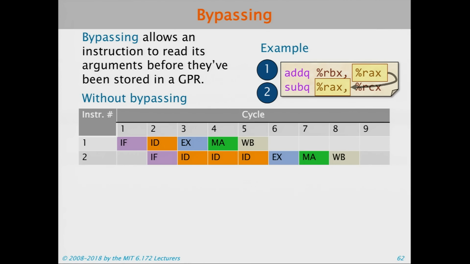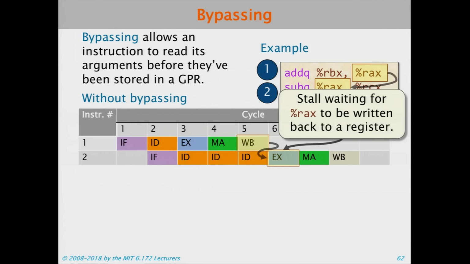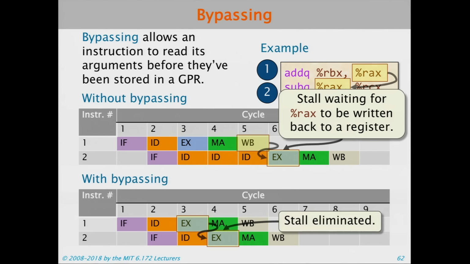That's called bypassing. There are lots of places where things are bypassed, and we'll talk about it more. Normally you would stall waiting for it to be written back, and now when you eliminate that, I can move it way forward because I just use the bypass path to execute, and it allows the second instruction to get going earlier.